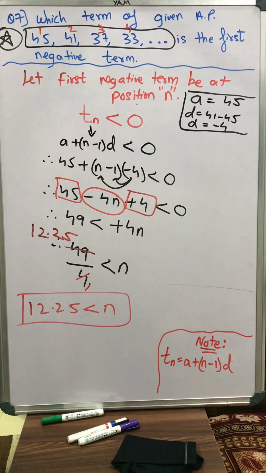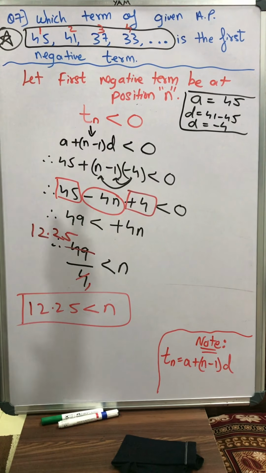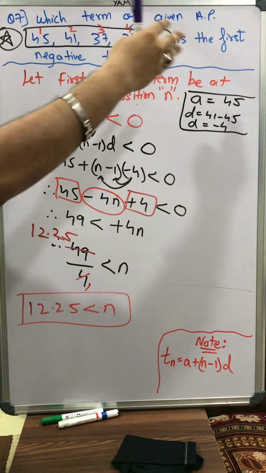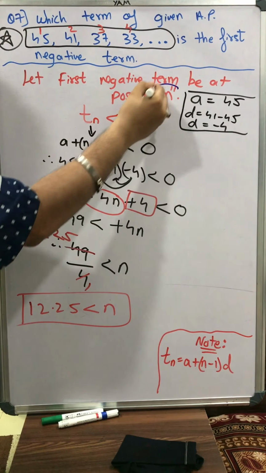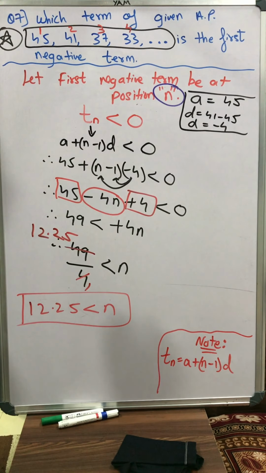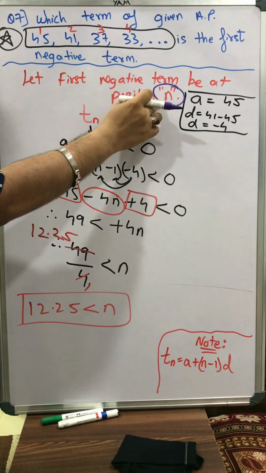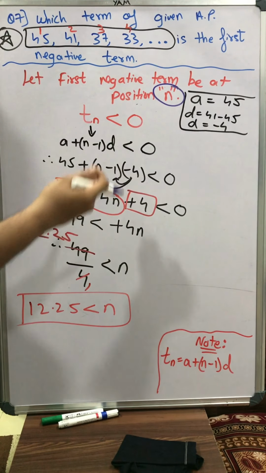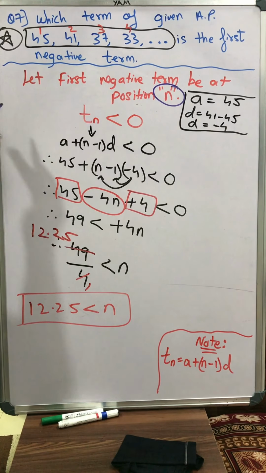Now pay attention, please. I want to discuss something here. We assumed that the first negative term, after 37, 33, then 30, will be at the position n. Clear with this? My first negative term will be at the position n. So in other words, every term before n will be positive.